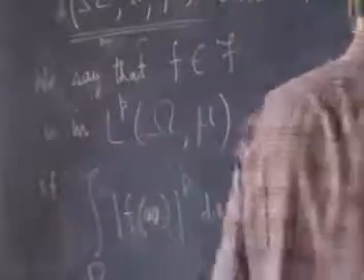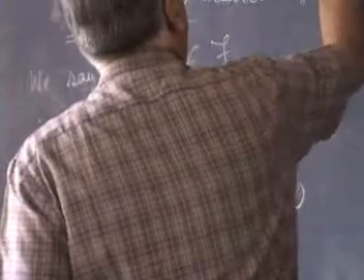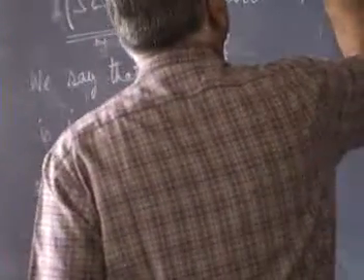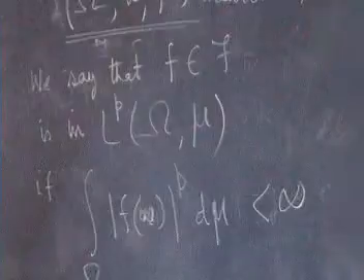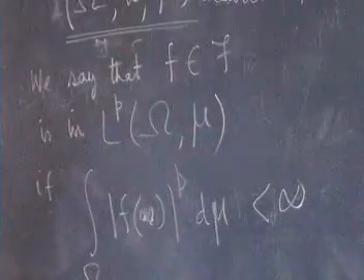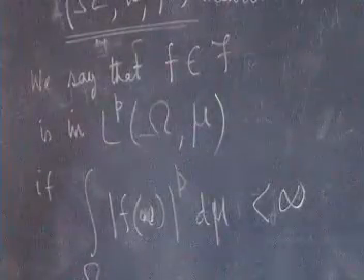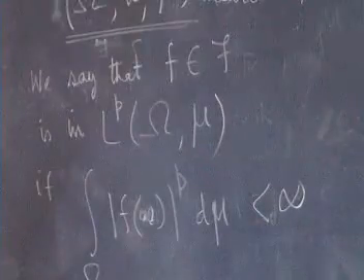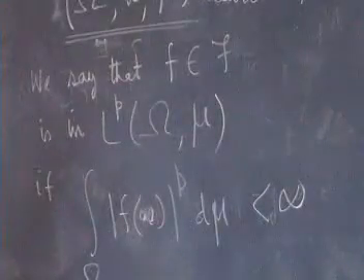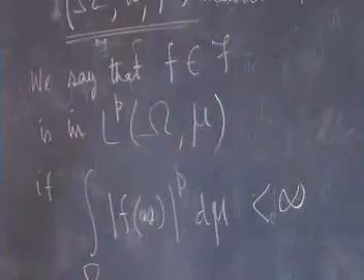Now I have not said anything about p, so for the time being, let us take 0 less than p less than infinity. When it is equal to infinity, we don't know yet. If some number p is given, you can always take that p power.